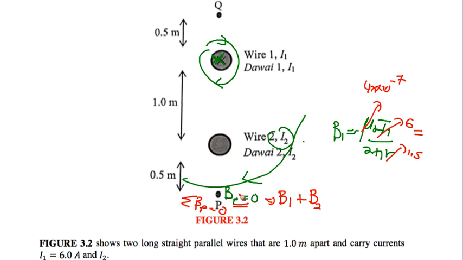Because BP is equal to 0, B1 and B2 must have the same value. To make B equal to 0, the current I2 must produce B2 with the same magnitude but the opposite direction. That's why BP is equal to 0.